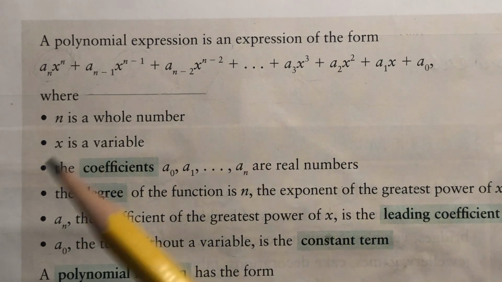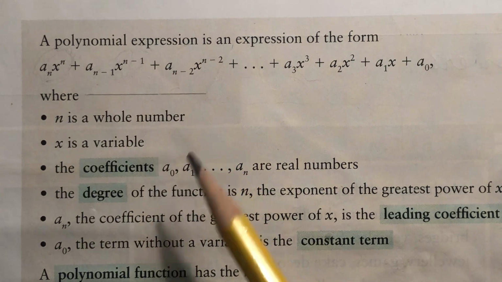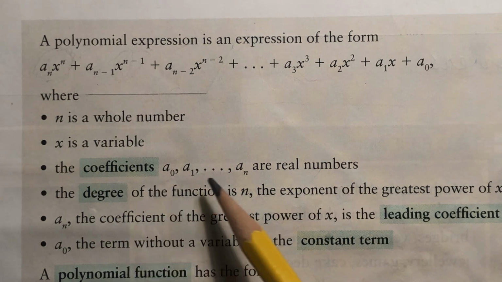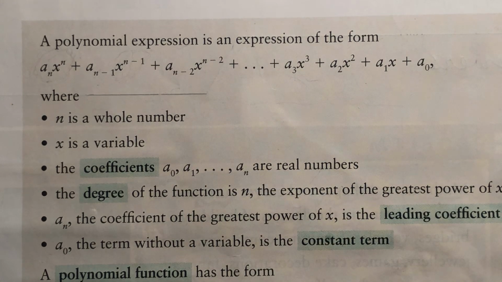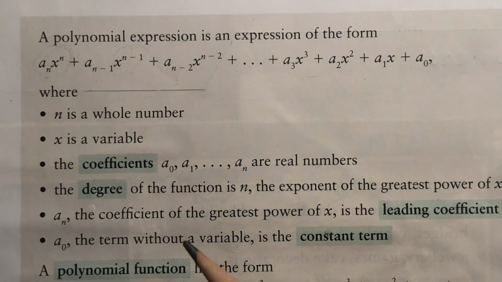For polynomial, the coefficients must be real numbers. All the a's are real numbers. Otherwise, you cannot call it a polynomial. Okay, it has to be real numbers.